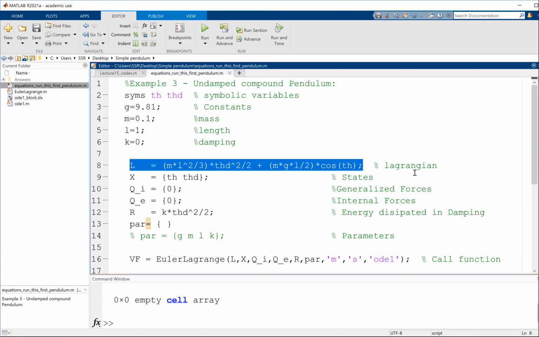Our Lagrangian has cosine. The Lagrangian does not have sine.